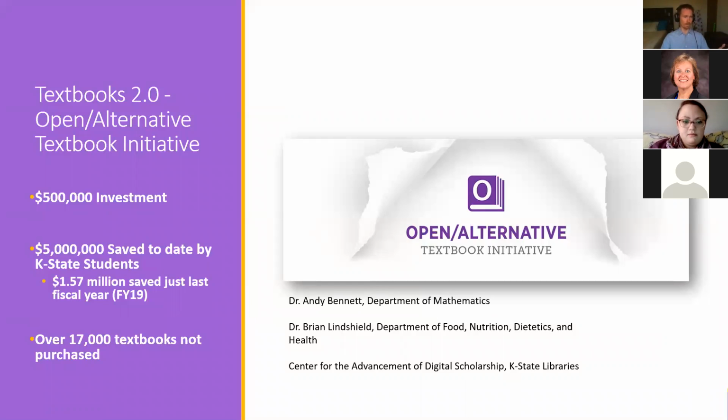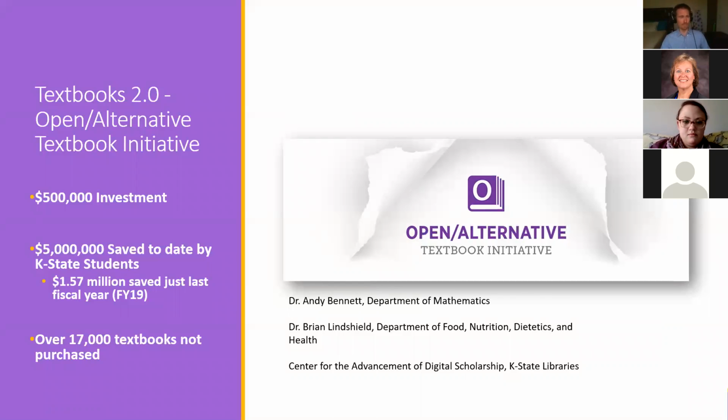In terms of OER, we help manage the Textbooks 2.0 or the Open Alternative Textbook Initiative. Just some key figures here. Out of a $500,000 total investment so far, we've saved K-State students about $5 million to date. And just last fiscal year, that figure was 1.57 million alone.